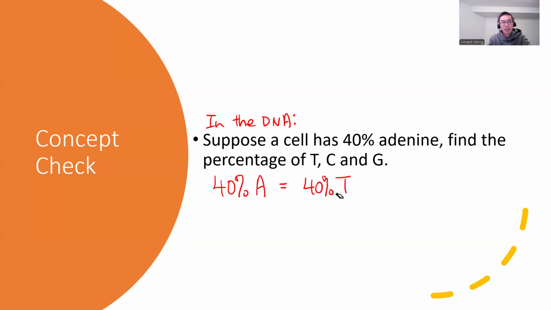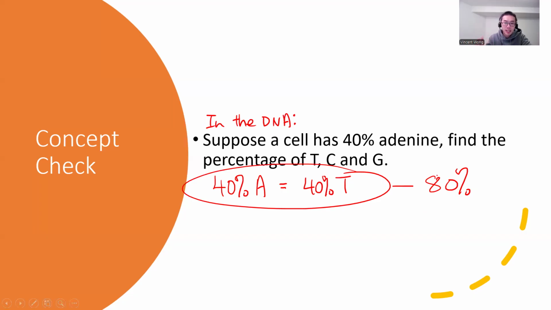So 40% A must be 40% T. If you add these up, 40 plus 40, this is going to be 80% of all the nucleotides. Which means if you take 100% and subtract 80%, you still have 20% of nucleotides. And the rest will be C and G. 20% are C and G, and they must be evenly split. So 20 divided by 2, it's 10% and 10%, because they're the same.